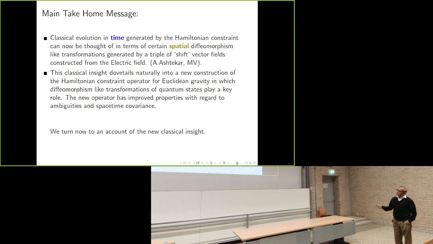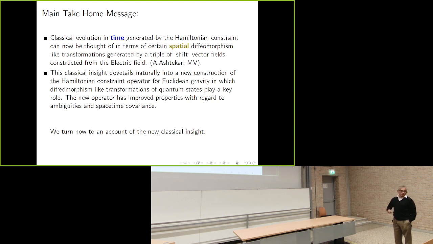This classical insight dovetails naturally into a new construction of the Hamiltonian constraint operator for Euclidean gravity, in which these diffeomorphism-like transformations of quantum states associated with this electric field play a key role. And this new Hamiltonian constraint operator then has improved properties both with regard to the issue of ambiguities and space-time covariance.